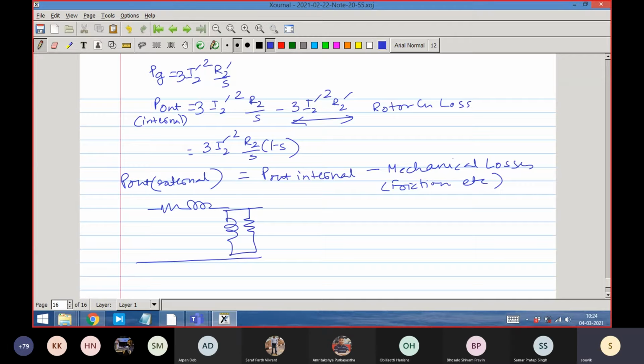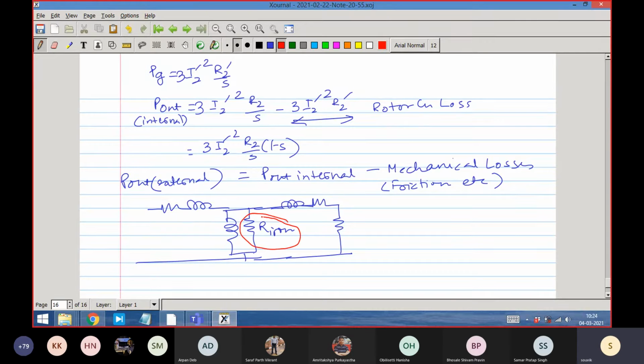This branch used to be the iron loss branch, R iron. The iron loss branch used to be put in the case of a transformer. Transformer used to have this kind of thing. So this we have not put here.